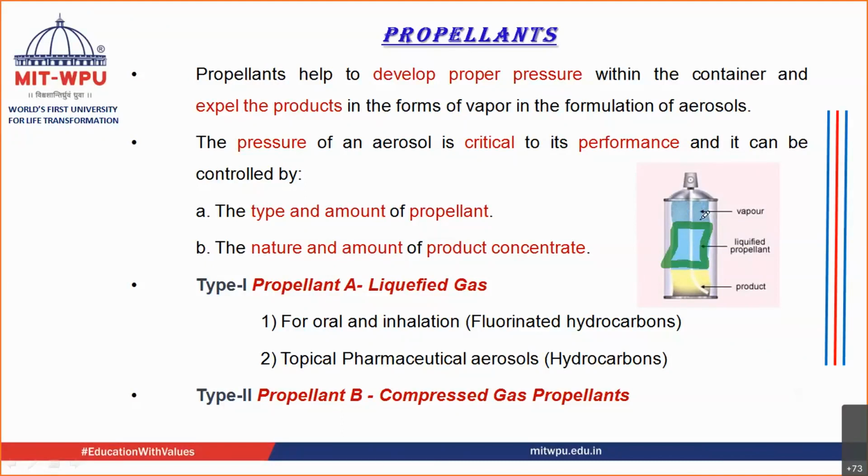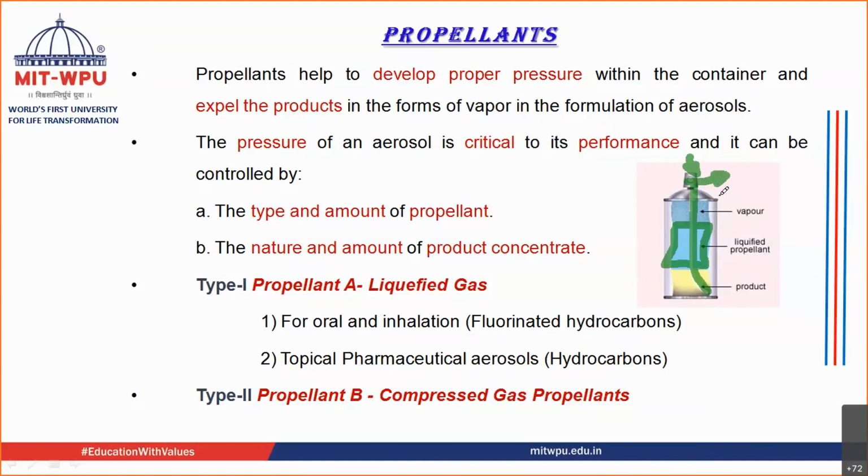What this propellant system does is, when you press this actuator, pressure is applied through this propellant onto this product, and this product is thrown out through the dip tube, through the valve, through the actuator, in the form of a fine mist, in the form of aerosol.